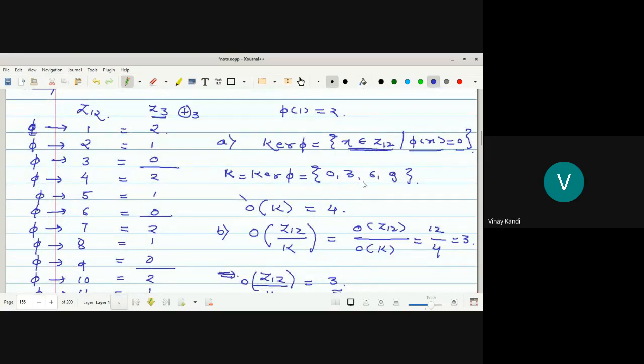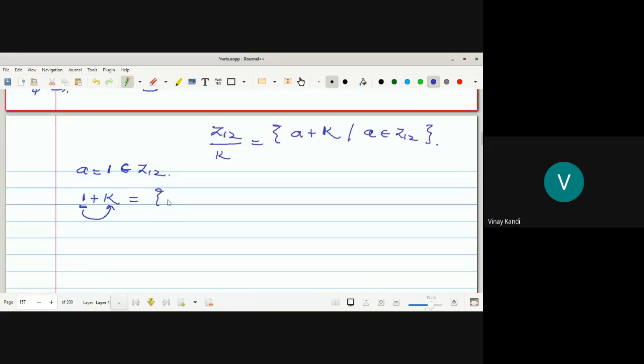After adding 1 we get 1, 4, 7, 10. Is it correct? So 1 plus K is equal to 1, 4, 7, 10.